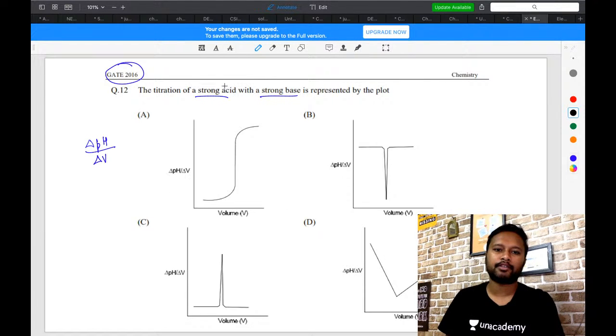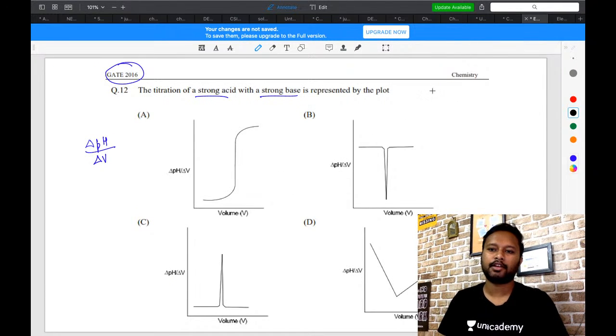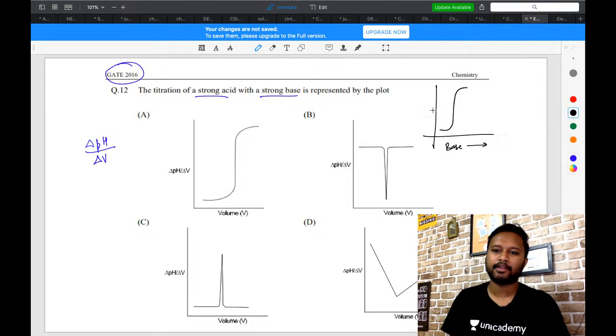You are adding strong base to a strong acid, so the general curve which we have studied has to be something like this. Base concentration is what you are adding, and pH versus this. Now check this out. Initially is there any change in pH?